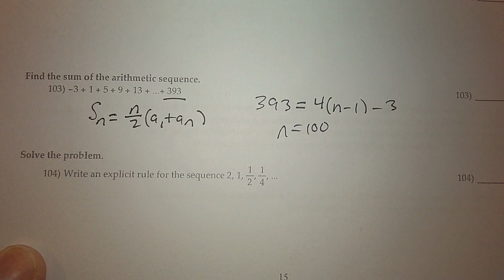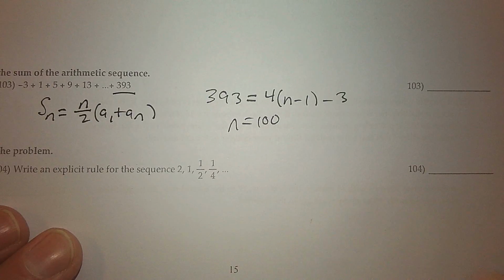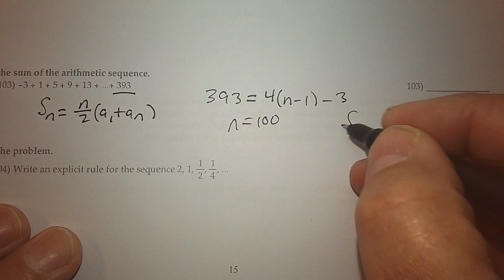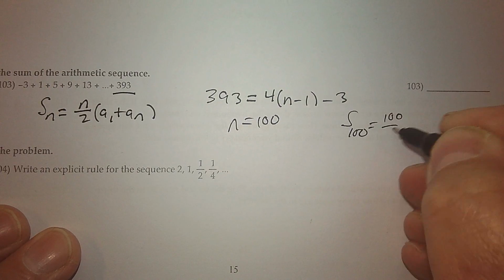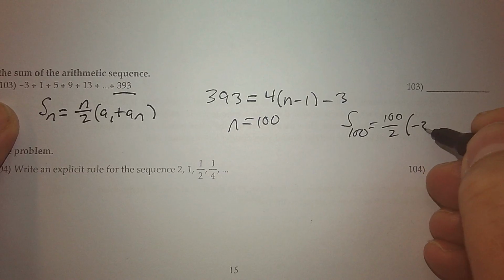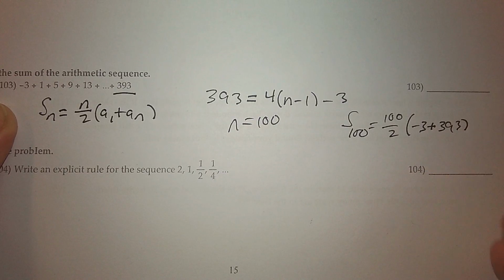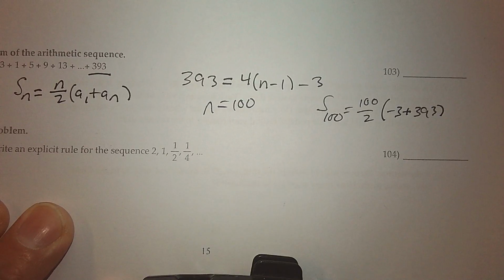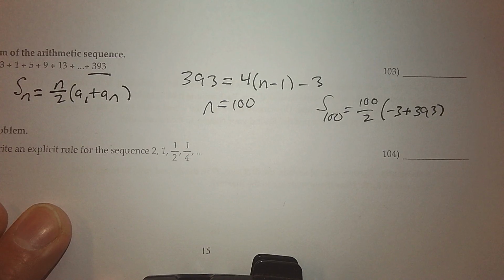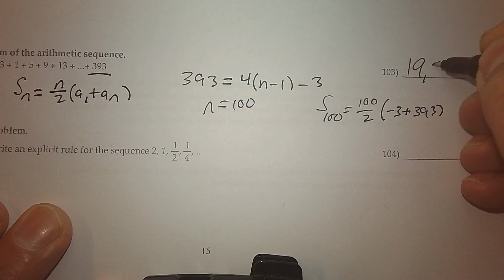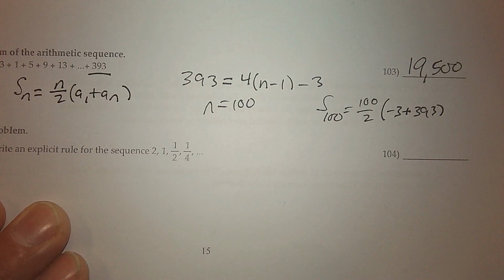So now what's the formula we're going to use in our calculator? 100 divided by 2 and negative 3 plus 393, and we're done. Use your calculator. So it's 19,500. Did you get that?